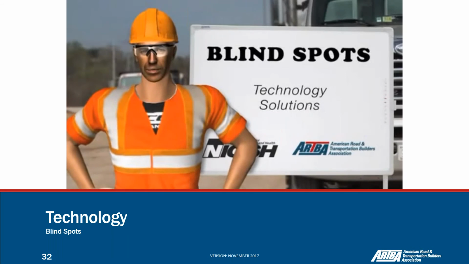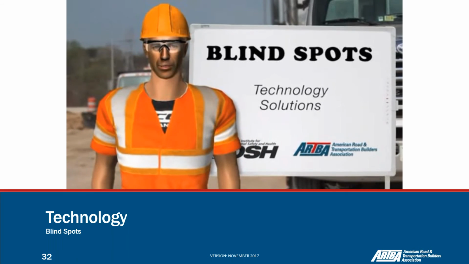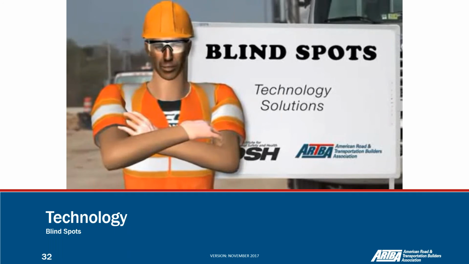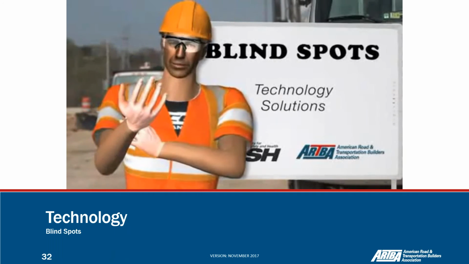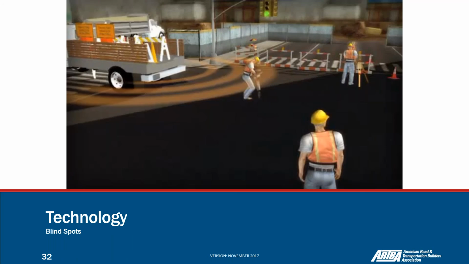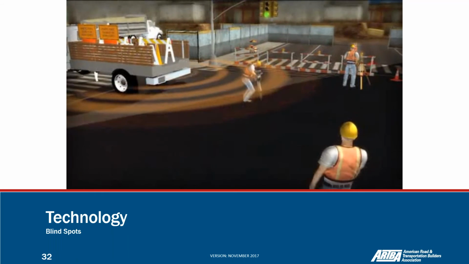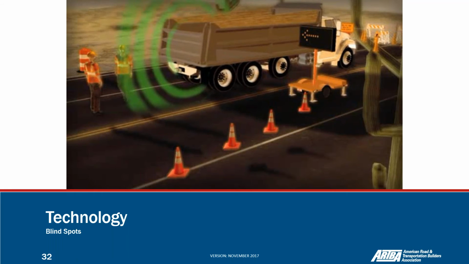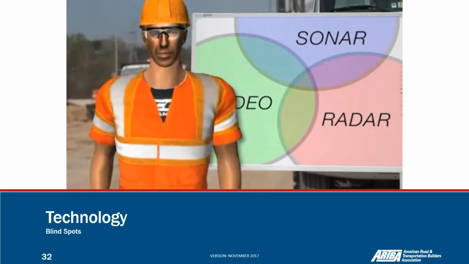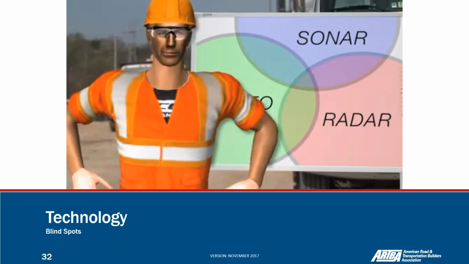A number of technologies are now being used to reduce the hazards caused by blind spots by enabling operators to see areas not viewable through mirrors and windows. These technologies include video cameras, sonar-activated warning systems, radar-activated warning systems, and tag warning systems. To most effectively use these technologies, they should be used in combination.